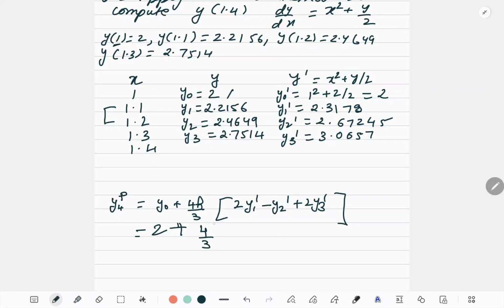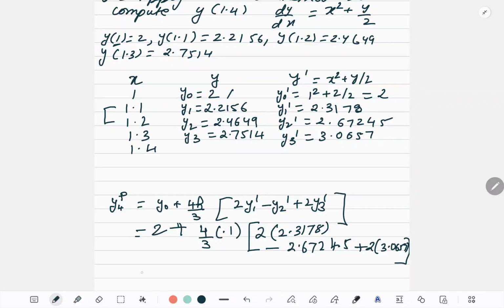The difference between any two x values, that is 0.1. Then 2 y1 dash. Where is y1 dash? This one is y1 dash, so 2.3178, minus y2 dash, that is 2.67245, and then plus 2 y3 dash. Y3 dash means 3.0657. Correct? Now when you solve this, you will get the value 3.0793.